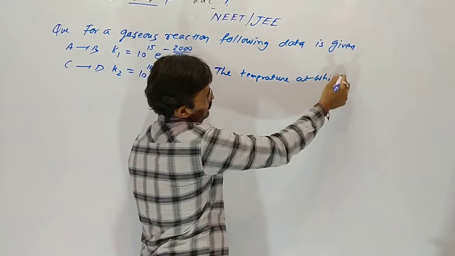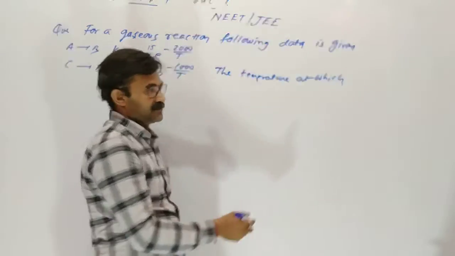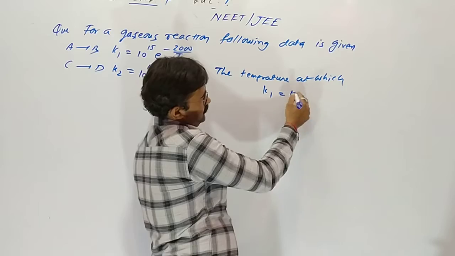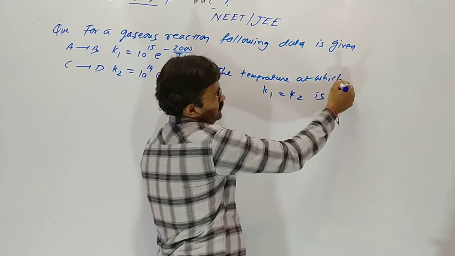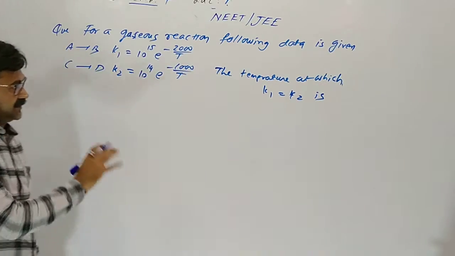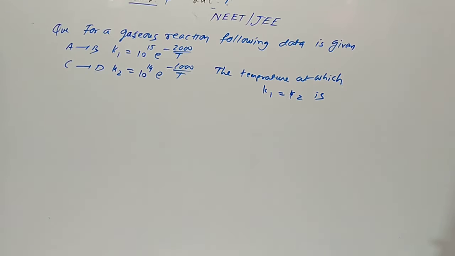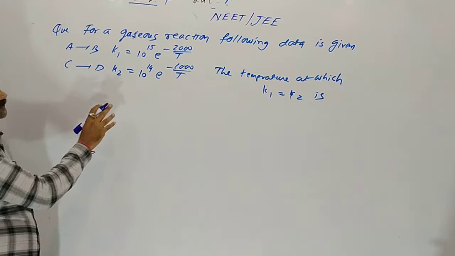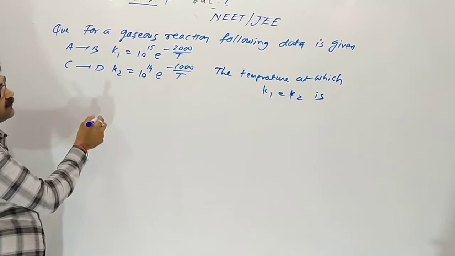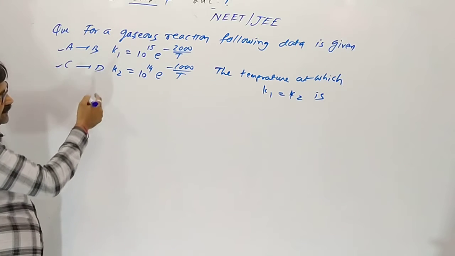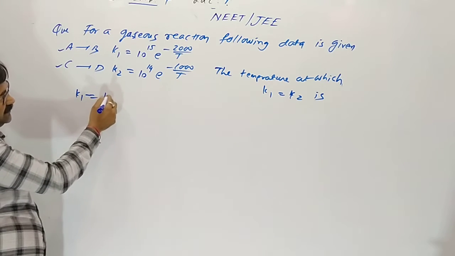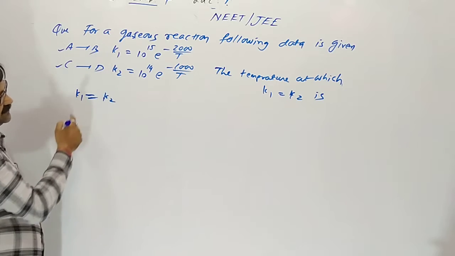The temperature at which K1 equals K2: at which temperature is K1 equal to K2? We have to find the temperature from this given data. In both reactions K1 and K2 are given. Here K1 is equal to K2.